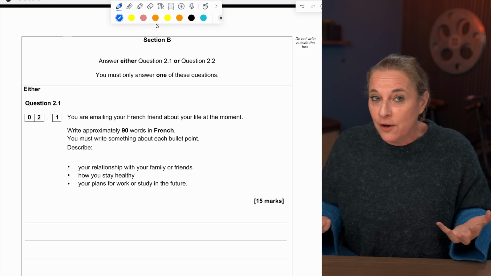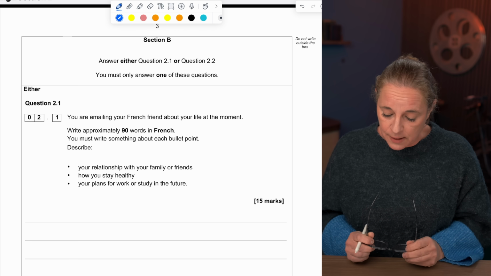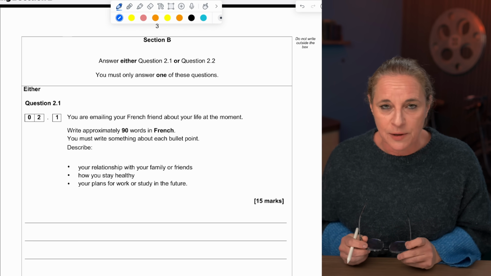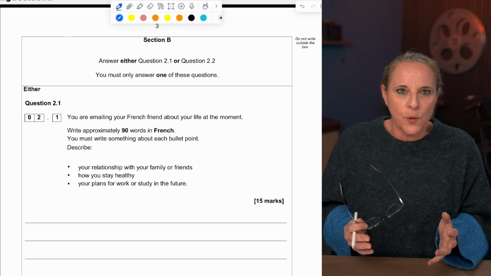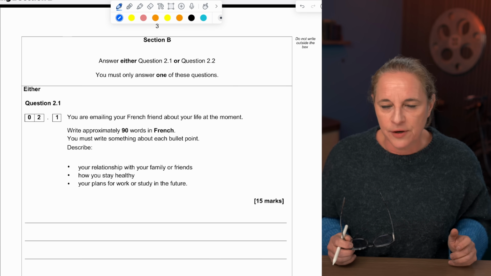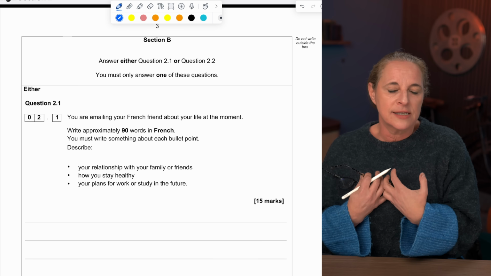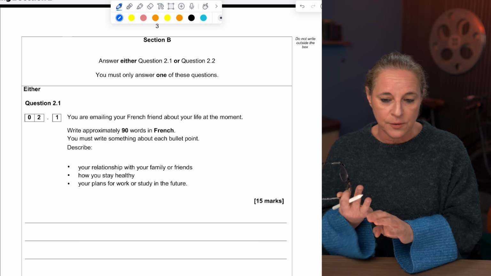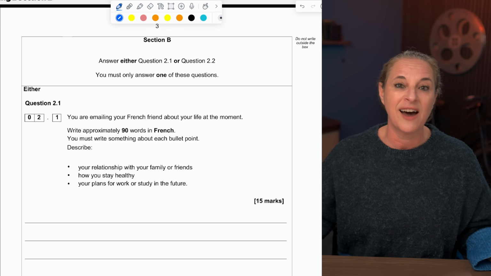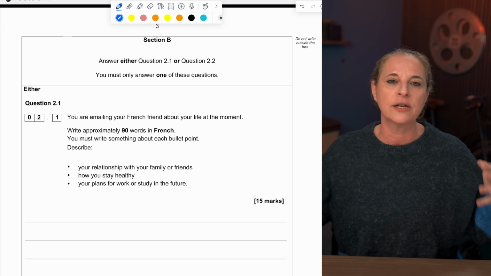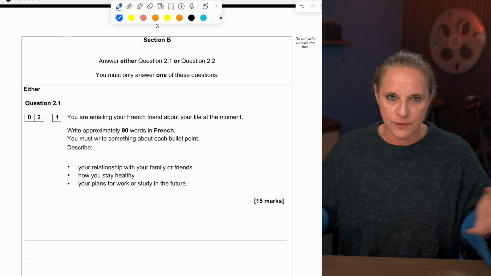For my example, I'm going to say that I get on really well with my family and with my sister, even though I argue with her sometimes. So this is the sentence I'm going to start with. So I'm going to start with my family, and then we'll go on with whether I get on with my friends and what I do or get up to during this time.